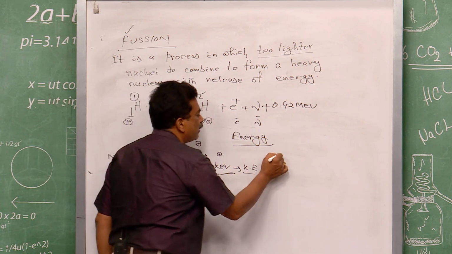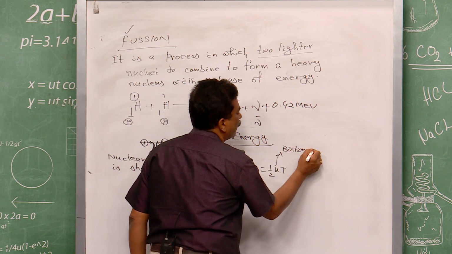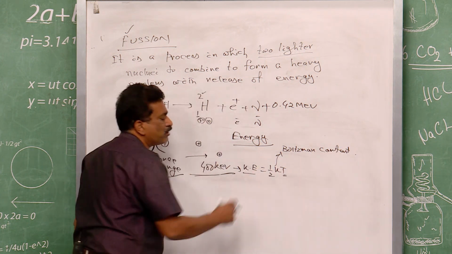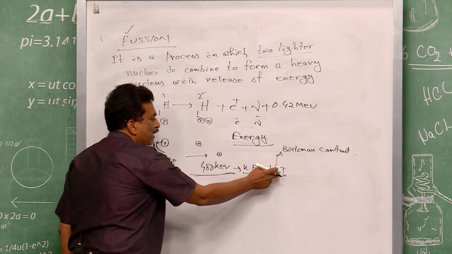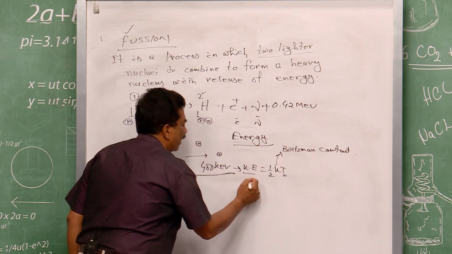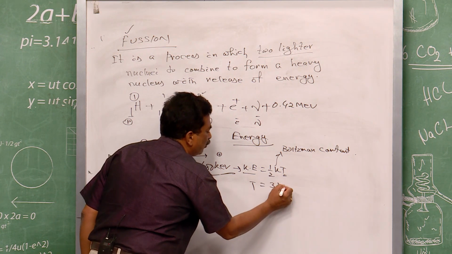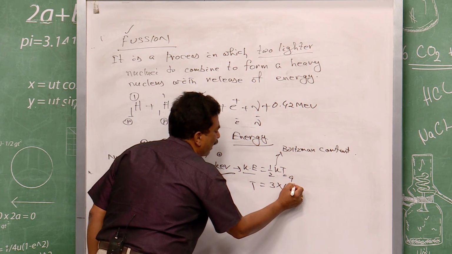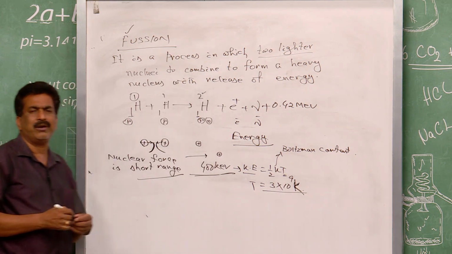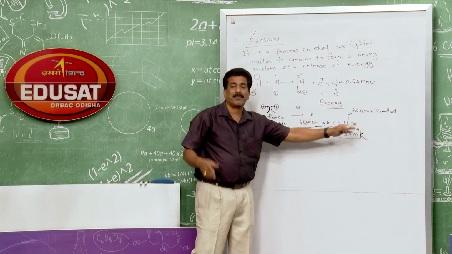Here k is the Boltzmann constant and T is the temperature. If you rearrange that, the T value will be 3 into 10 to the power of 9 Kelvin.